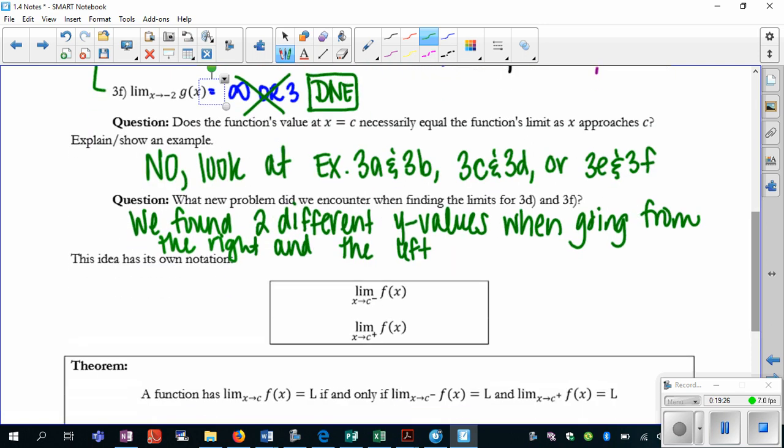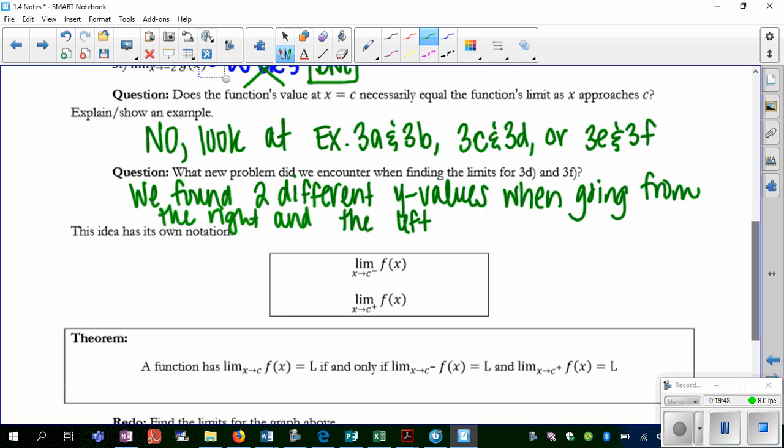And if you heard me saying it, I kept saying the left-hand limit and the right-hand limit were not the same. So that leads us to, well, what happens if we want to specify which direction we're finding the limit from? Well, then individually, like the left-hand limit might exist while the right-hand limit doesn't, and overall, the limit from both sides does not exist.